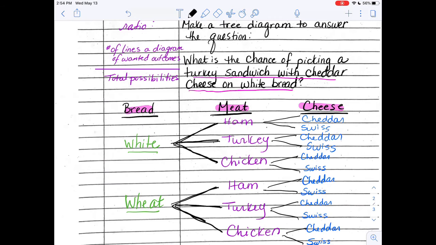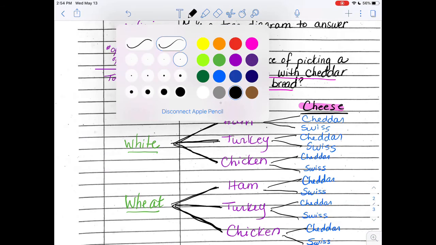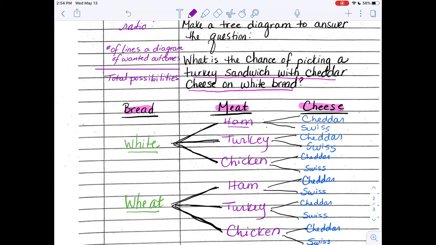And then I list each type of meat that could be on that bread. So I list the ham, the turkey, and the chicken for the white bread, or for the wheat, the ham, the turkey, and then the chicken for the wheat bread.